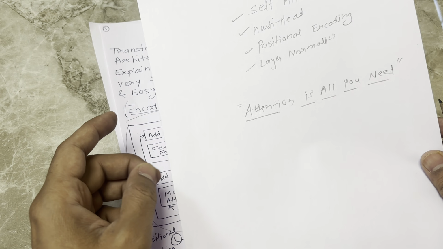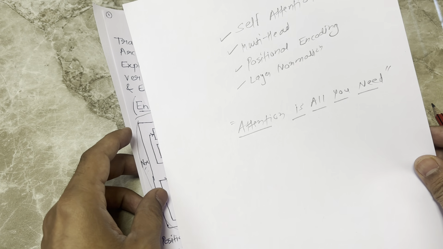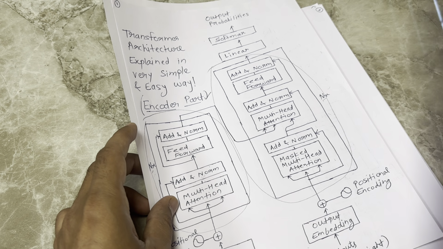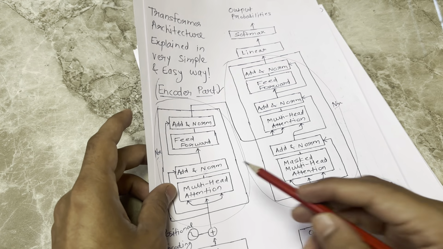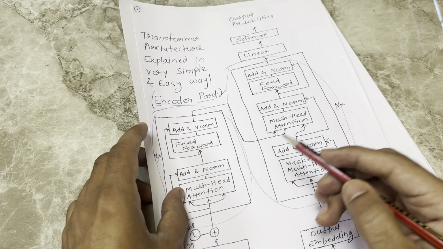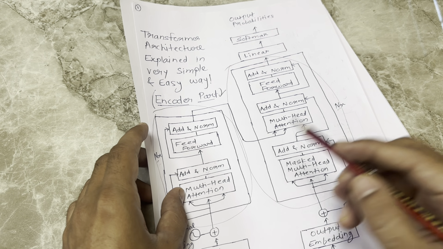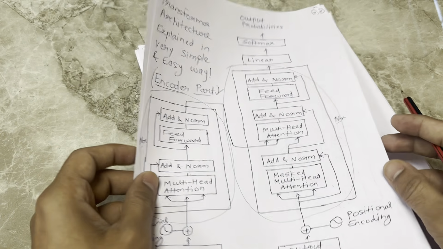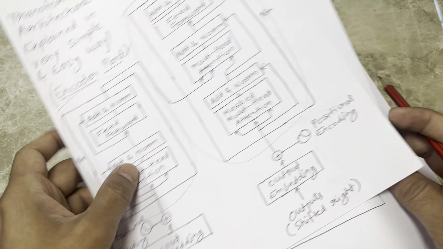So if you read the original Transformer paper titled Attention is all you need, you will find that they basically used 6 blocks for the encoder. How many? 6 blocks. And 6 blocks for the decoder. So if I want to show the next thing, the architecture basically looks like this one.